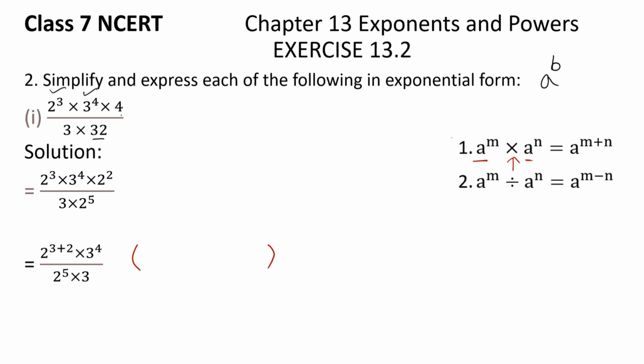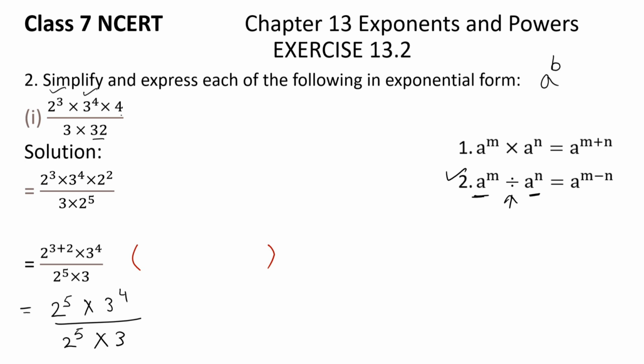So this is the first law that you are going to write here, equals to 2 raised to the power of 5 into 3 raised to the power of 4 divided by 2 raised to the power of 5 into 3. Now we will use the second law, which is if you have the same base and there is a division sign, then you subtract the exponents.